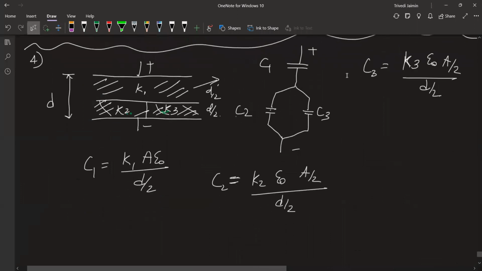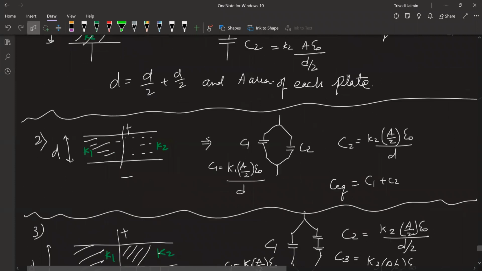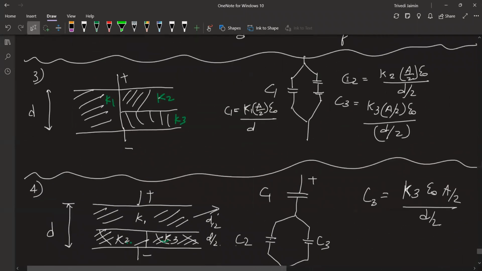Okay, so, oh yeah, I forgot to solve this. You know how to solve this, right? Oh, second one solved, right? Third one, how to solve? C equivalent equals C1 plus C2 C3 by C2 plus C3.